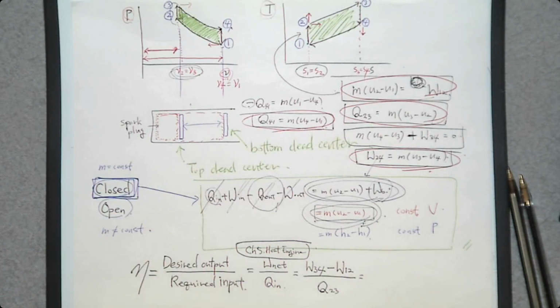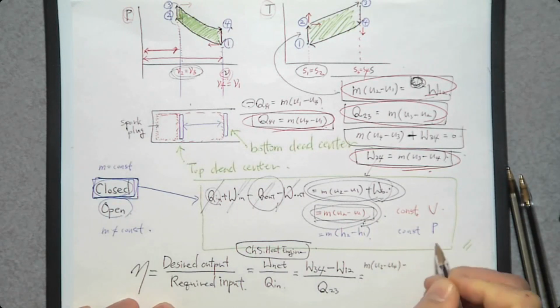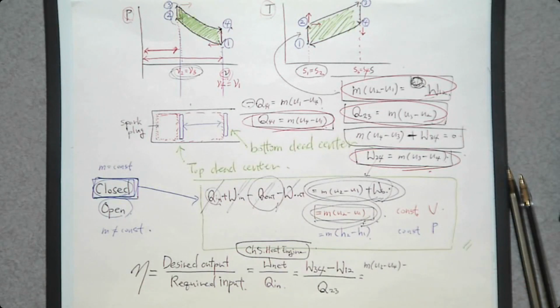So what is W3 to 4? W3 to 4 is here, mass times U3 minus U4. And W1 to 2 is here, mass times U2 minus U1, divided by Q23.